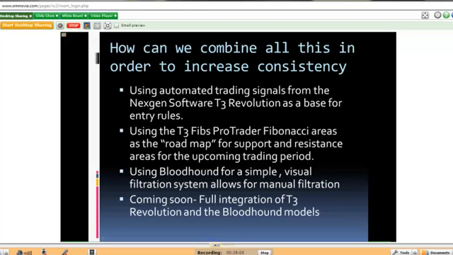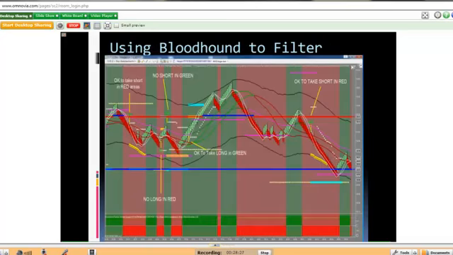Now, we didn't get done with this in time for this webinar, but Jeremy and my programmers are hard at work at the integration of the Bloodhound and the Revolution software together. I'm going to show you more of a manual filtration version now, but very soon we're going to have this done.